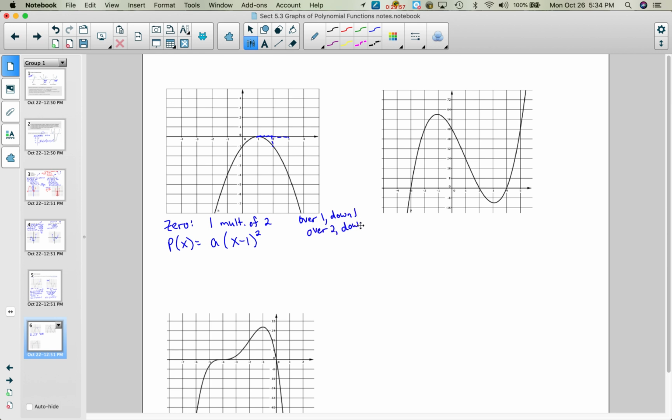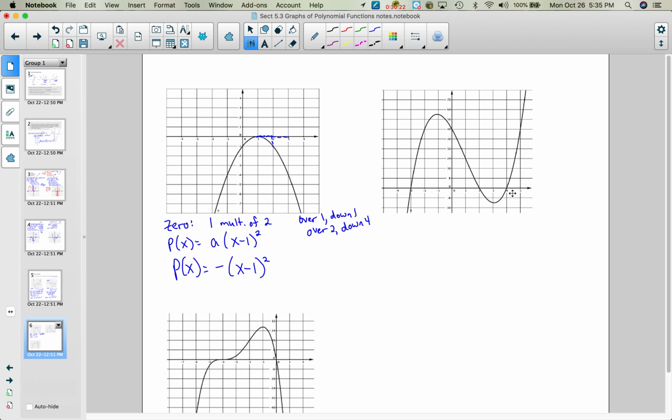That means it's not stretched, but it's going down instead. So p of x equals negative x minus 1 quantity squared. So I could just use what I know about graphs. I could have picked a point, like 2, negative 1, plugged it in and solved for a, and I would have gotten negative 1. All right, next one.